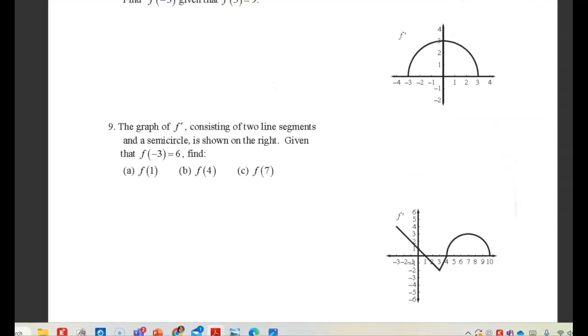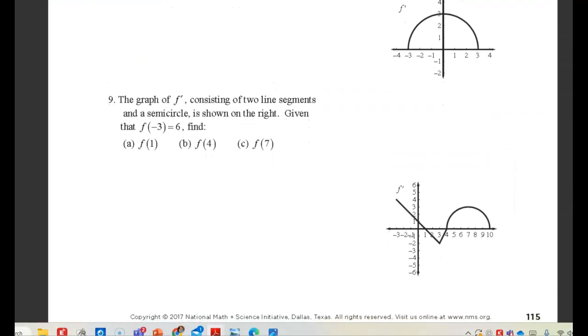The graph of f prime consists of 2 line segments. So again, taking into account, you shade between the x-axis and the line. So that is all of the space I am looking for.